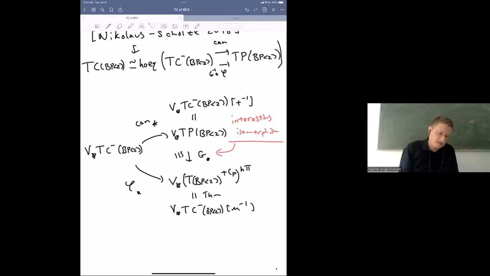In some sense, the canonical map and this varphi map are not that hard to understand, because at least in our computations, we see that this is just the μ-inverted topological negative cyclic homology, and this is just the T-inverted topological negative cyclic homology. So in one sense, going one way you localize at T, the other way you localize at μ.